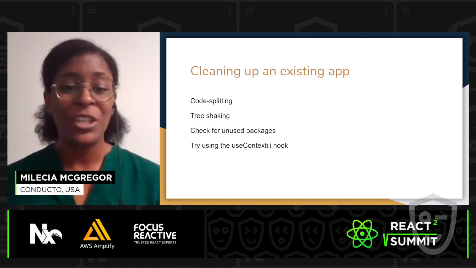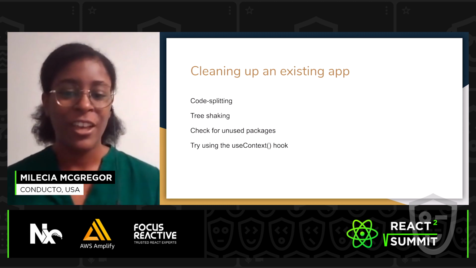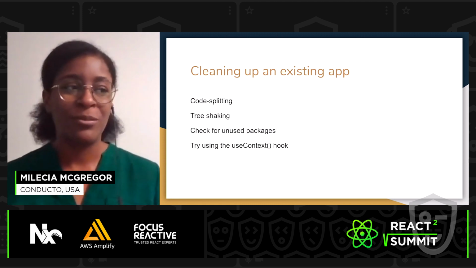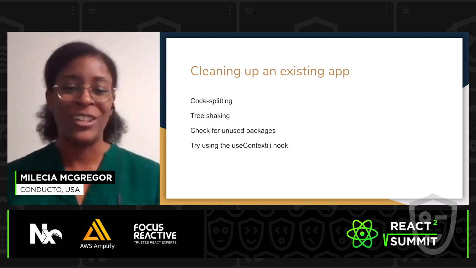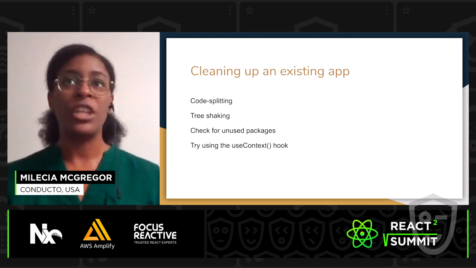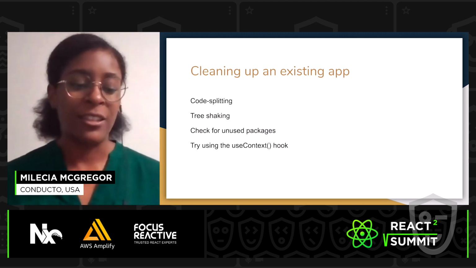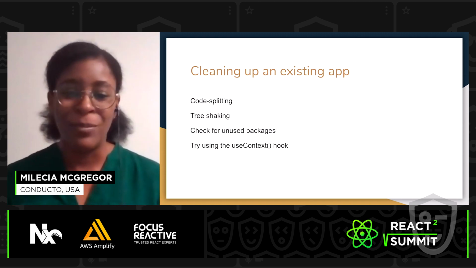And try using the useContext hook. If you're a Redux fan, I'm sorry to tell you, but I don't think we really need it unless you're working on one of those huge enterprise applications that there's just no way the hooks in React could handle that many different things.